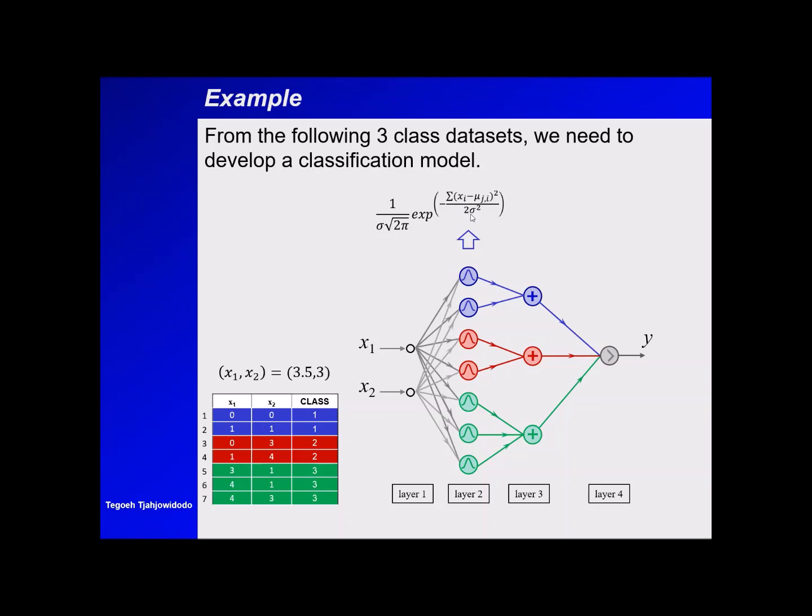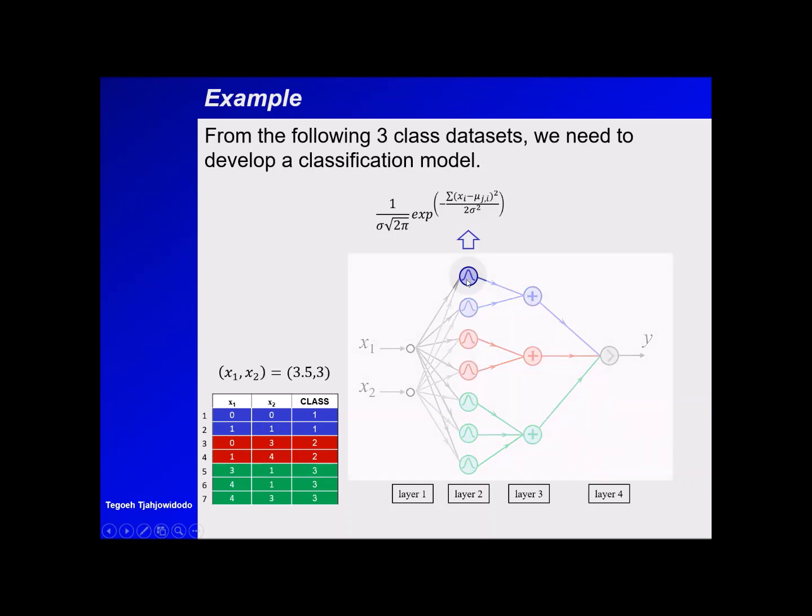Actually, what it does is multiply these two probability density functions. But if you multiply two exponential functions, say exponential of A times exponential of B, then what you have is equal to exponential of A plus B. So you just sum in the exponent. This is the most compact form of a joint distribution function. We have to calculate it for all of these neurons in the second layer.